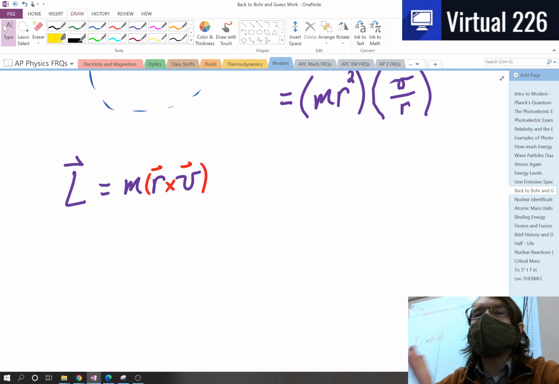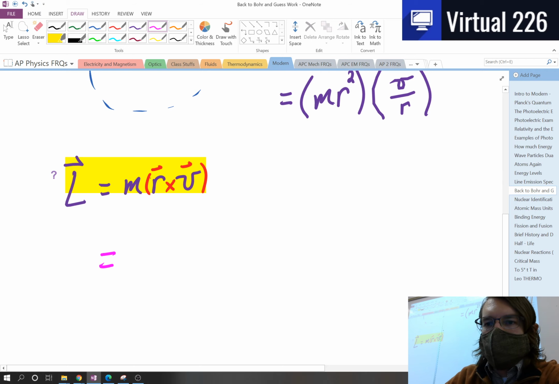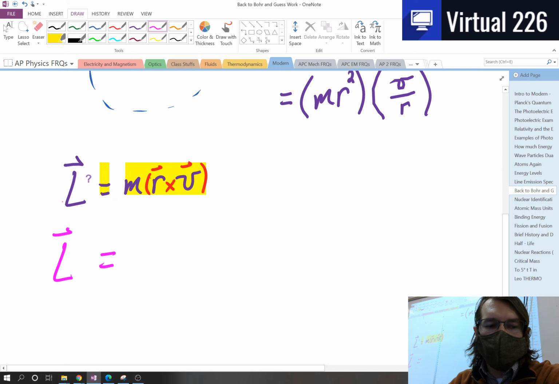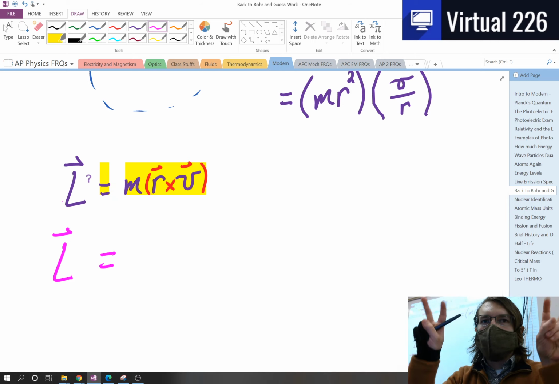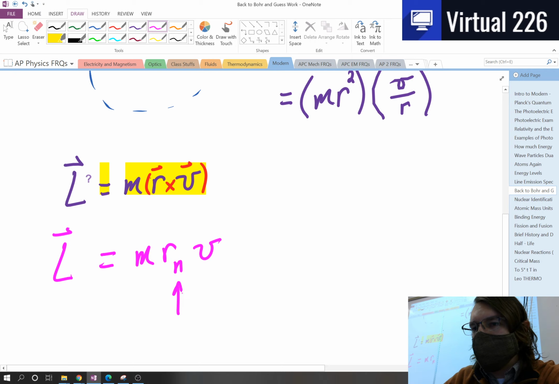Now, with this idea, which the actual idea behind electrons orbiting in this way is wrong, a little bit of fun math was done. And with this little bit of fun math, somehow we are going to show that the angular momentum of an electron orbiting around the nucleus is equal to m r_n v, where r_n is the radius of the orbit at a specific energy level.